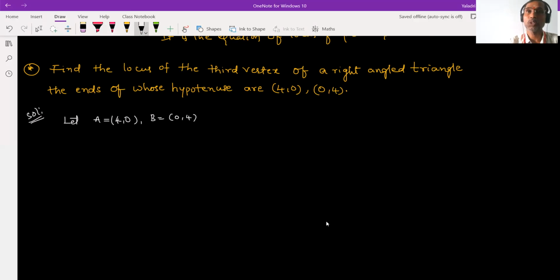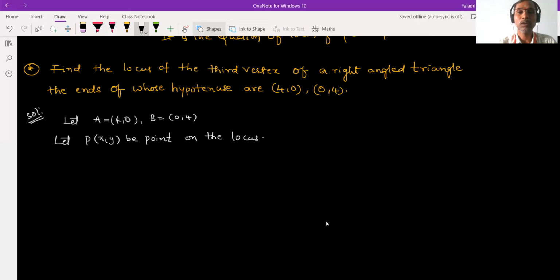Third vertex, so that is nothing but our point. Let P(x, y) be the point on the locus. So this is nothing but the third vertex, the point on the locus.